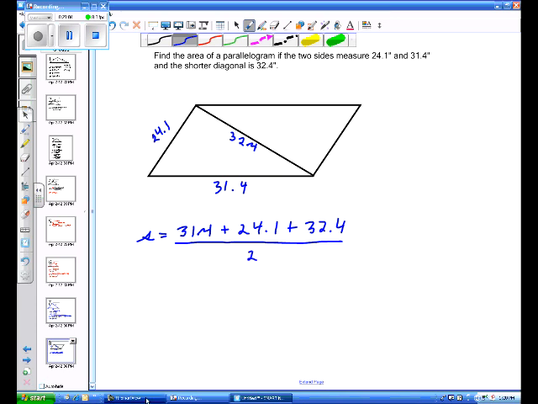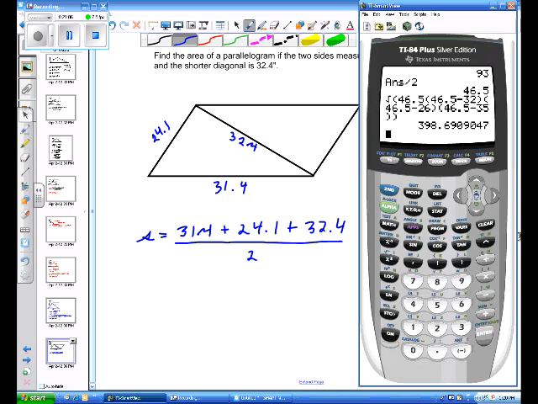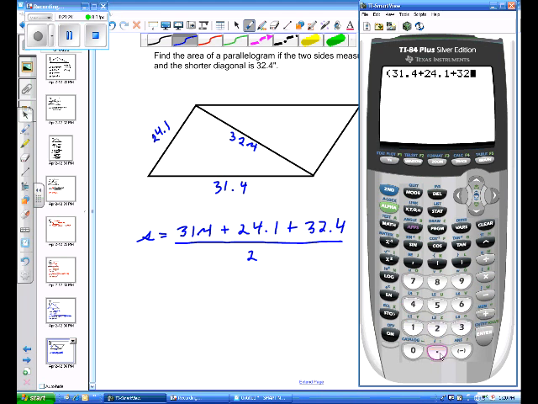So we'll get our semi-perimeter, 31.4. Let me just go back and put my parentheses like I should. 31.4 plus 24.1 plus 32.4. Close parentheses divided by 2.